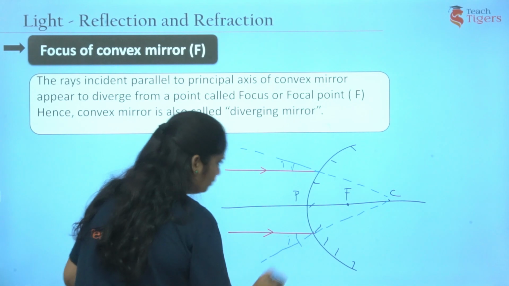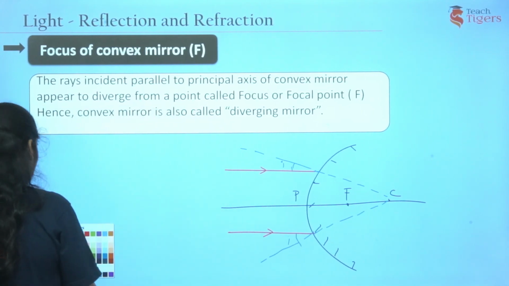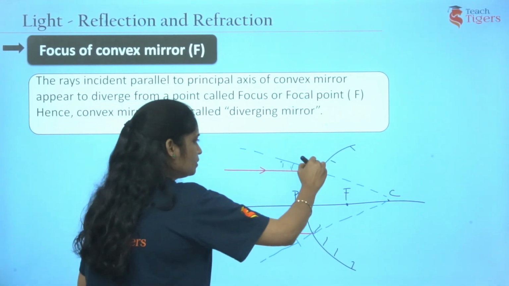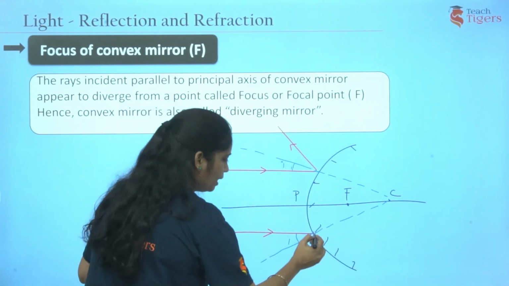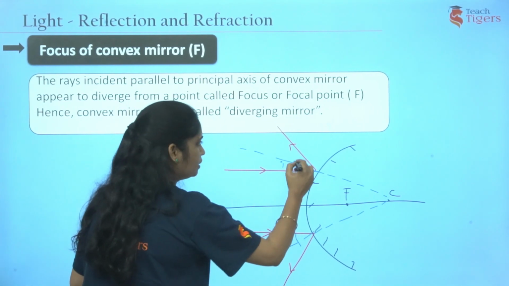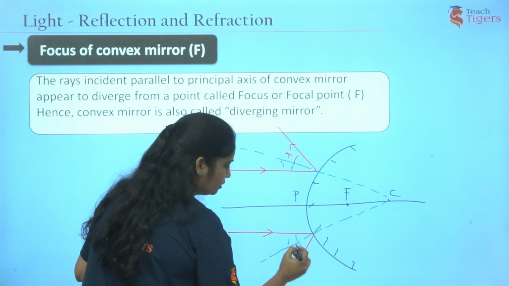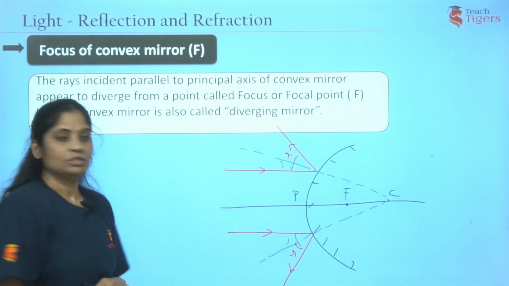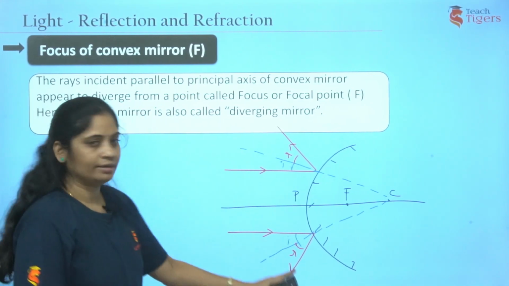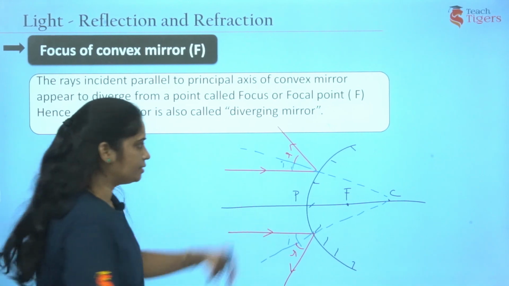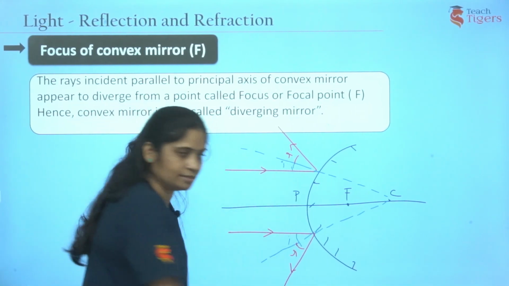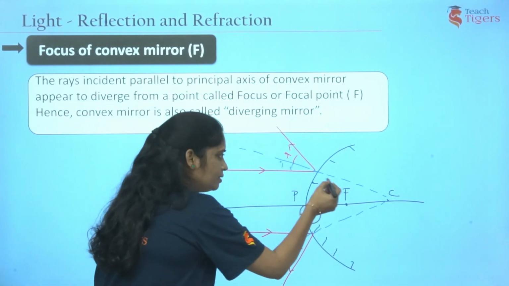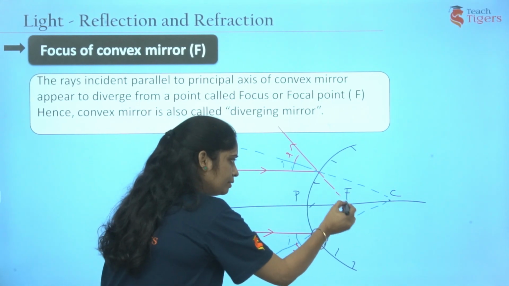Here also angle of incidence. Then what will be the angle of reflection? This is how you will get the angle of reflection, because angle i is equal to angle r. Now you just observe the reflected rays, and you see that the reflected rays don't meet. So I'll extend these reflected rays backward like this.